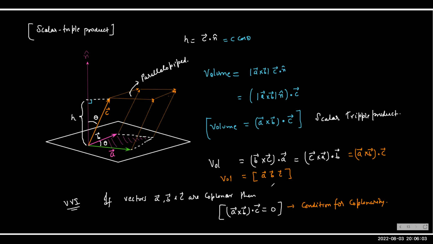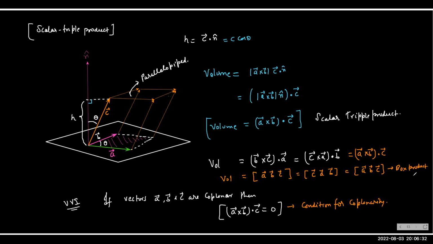You can write A cross B dot C, or you can write C, A, B, or you can also express as A, B, C. And this is the reason it is also called box product. The square bracket is giving the sense of a box. So sometimes it is also called box product.